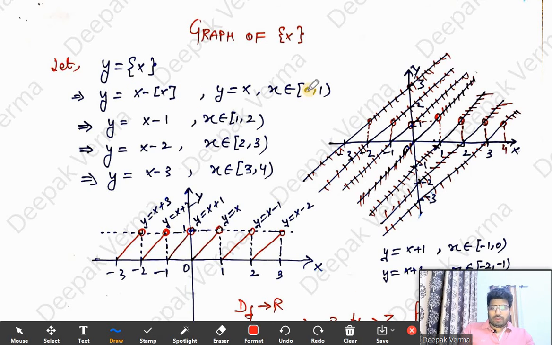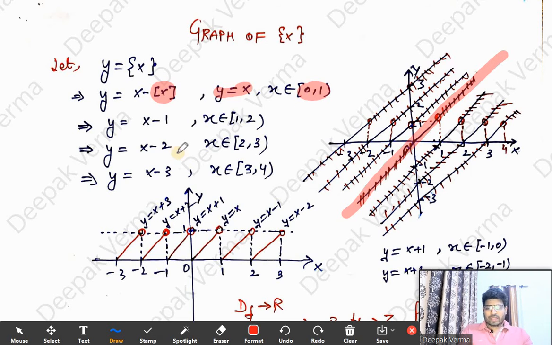Now if x belongs to 0 to 1, where 0 is included and 1 is not included, the value of box x is 0. So here we are left with only y equals x. And if we plot y equals x, it's a line like this passing through the origin.